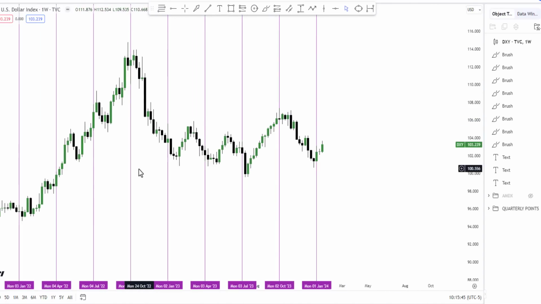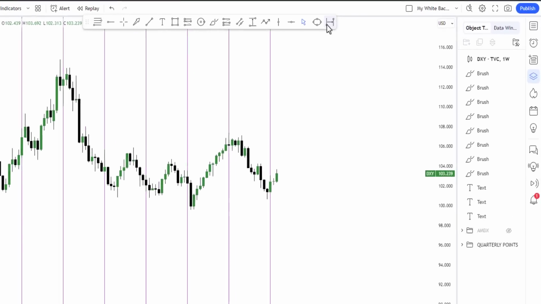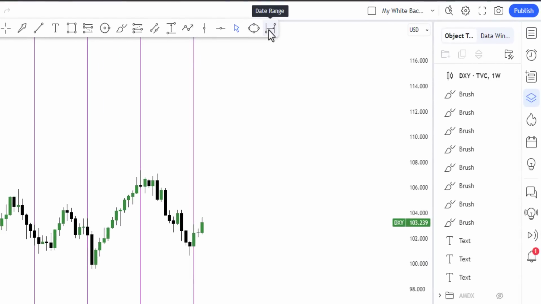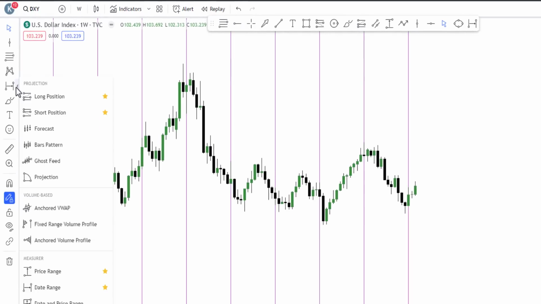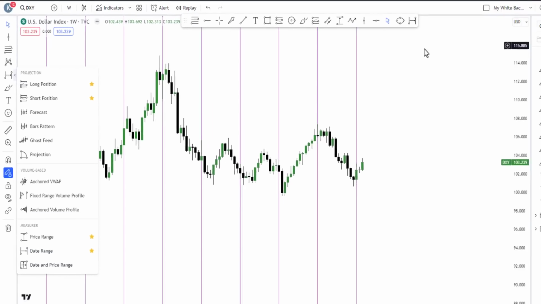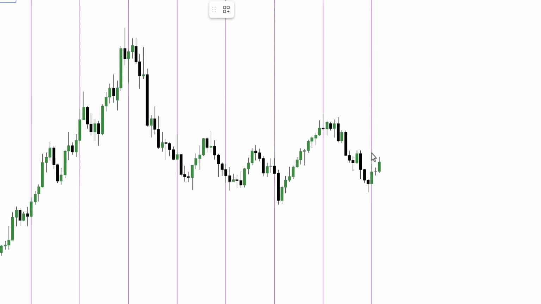There is no particular indicator on TradingView for delineating these vertical lines, but how I normally do it is to pick this tool called date range. If you want to get it, you can come right here and scroll down. This is it, it's called date range, and you can tick it as your favorite. Once you pick your date range, you can move back at least 90 days.